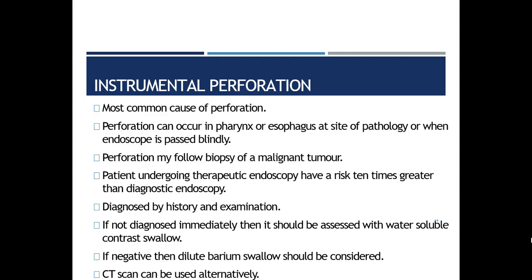Perforation may also follow biopsy of a malignant tumor. Patients undergoing therapeutic endoscopy have a risk 10 times greater than diagnostic endoscopy. Therapeutic endoscopy means you are trying to take a biopsy, dilate a stricture, or put in a stent. So in these cases there is a 10 times greater risk.